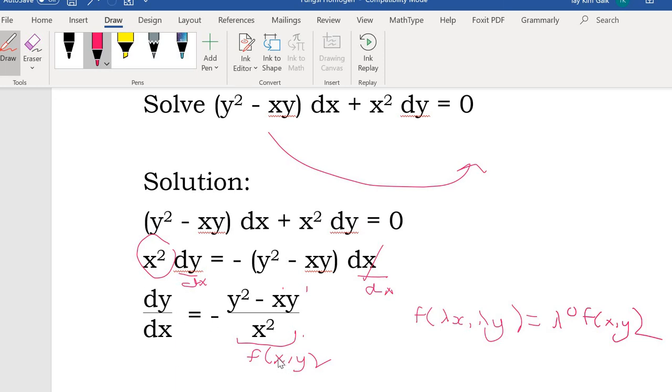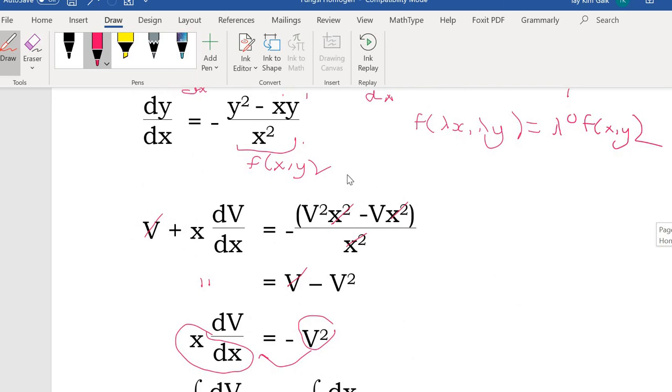Otherwise, check by substituting x equal to lambda x, y equal to lambda y, whether you can get f(lambda x, lambda y) equal to lambda power 0 f(x,y). Or a shortcut actually, if you have a quotient function like this, the power for each term must be the same. That's why they can cancel out their lambda. Okay, lambda power 0 is actually 1.